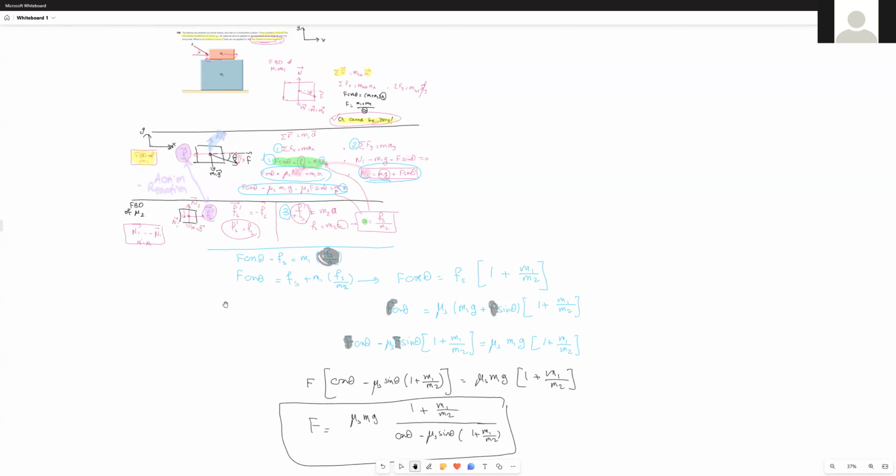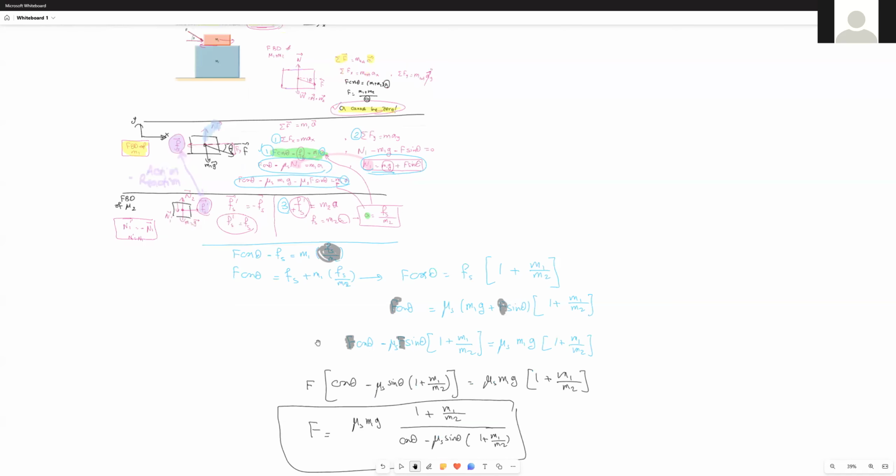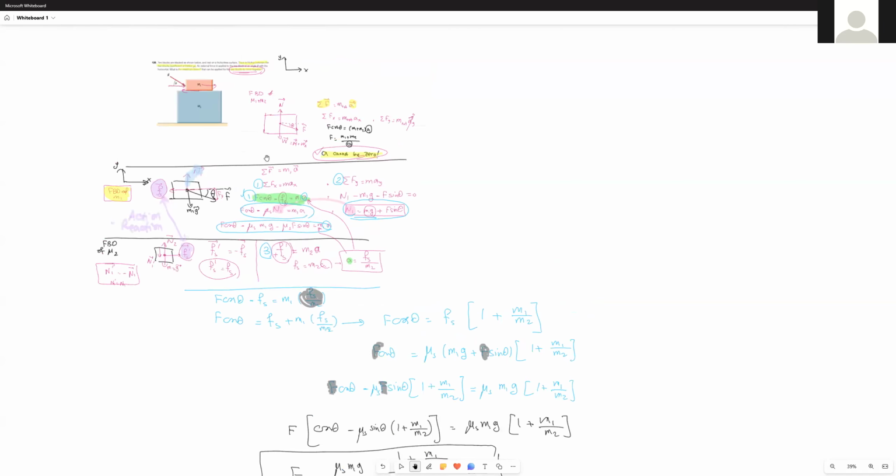Anyways, my main point here is, guys, regarding the acceleration: how are these two systems going to move? Let's look at the big picture. This is the bottom one, this is the top one, this is the force acting on it. These two are going to move together with the same acceleration. It's impossible for acceleration to be equal to zero.